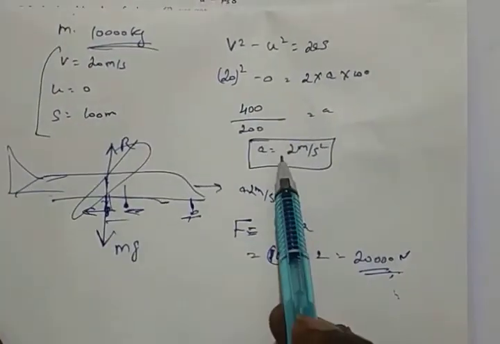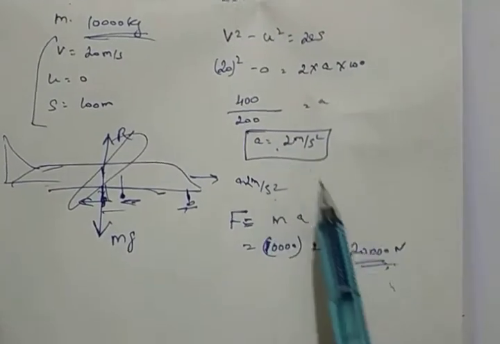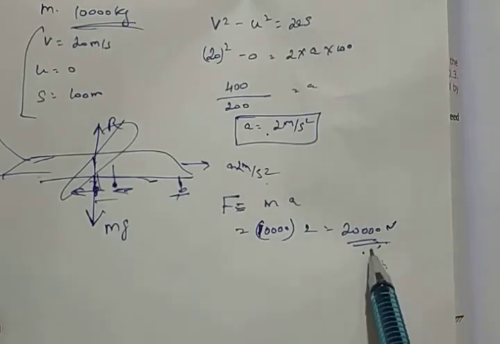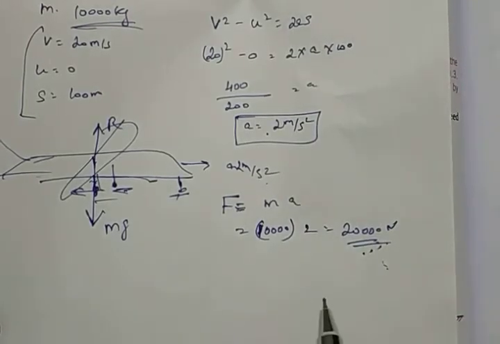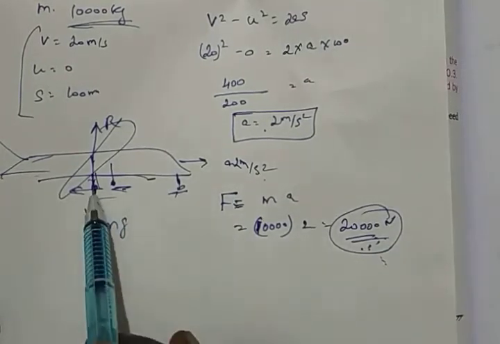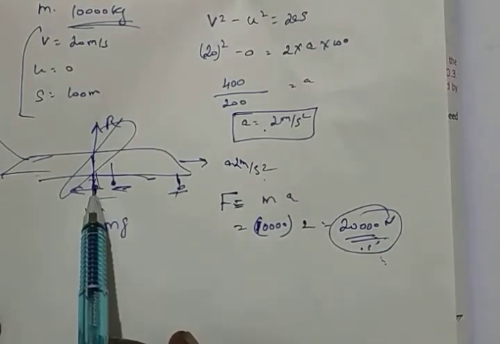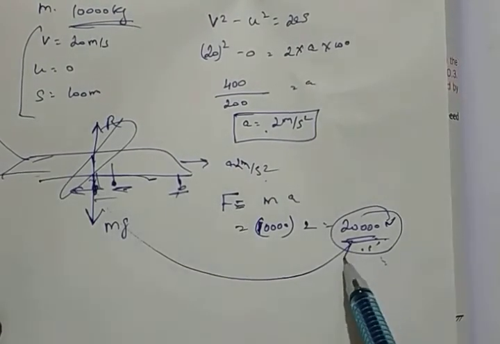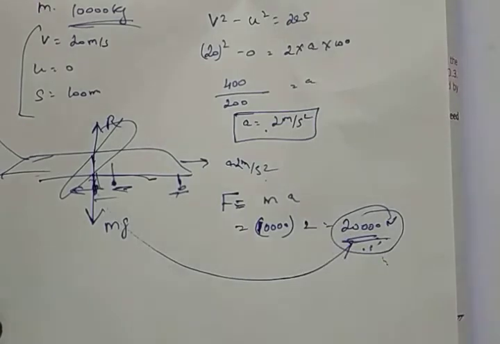If it has to go through this much acceleration, you need to have a force this much. Remember, if only this much force is there, it still will not take off, because some portion of this will be subtracted because of the frictional force. So what should we do now? Add the frictional force also here. That much is the minimum force required to take off.